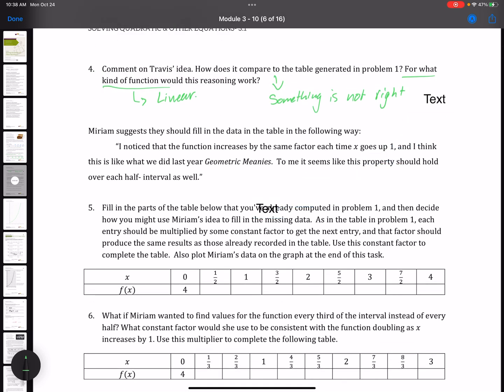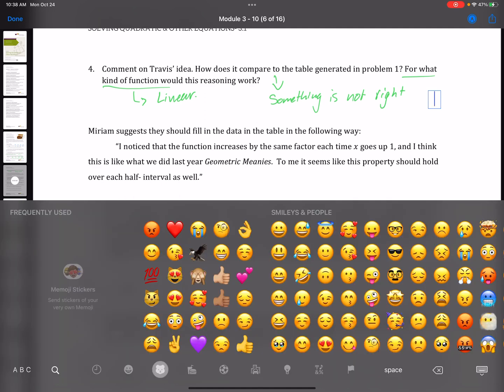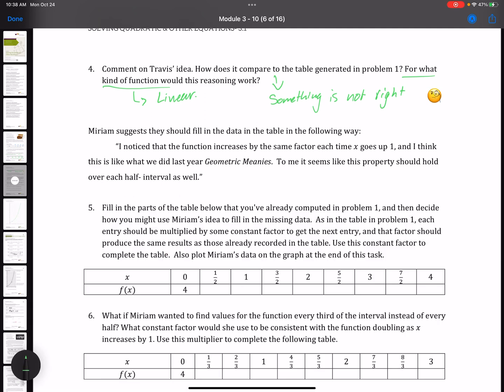Just gonna delete that one. I appreciate your input. All right. Miriam suggests. Gotta get that thinking emoji.